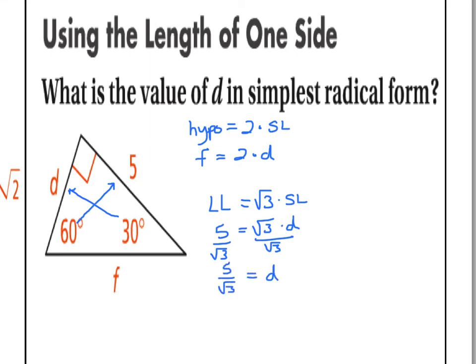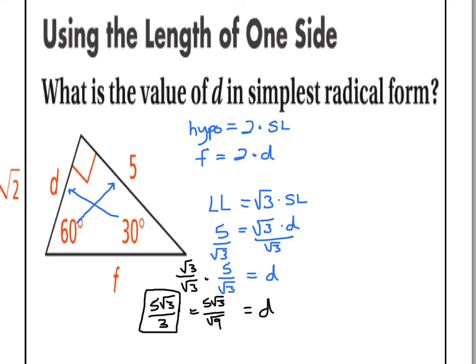Well, if you remember at the beginning of the video, we said we can't have a radical in the denominator, so I'm going to multiply by square root 3 over square root 3. And that's going to give me d equals 5 square root 3 over the square root of 9. Well, the square root of 9 is 3, so this is 5 square root 3 over 3. That's how much d is. Nothing goes into 5 and 3.